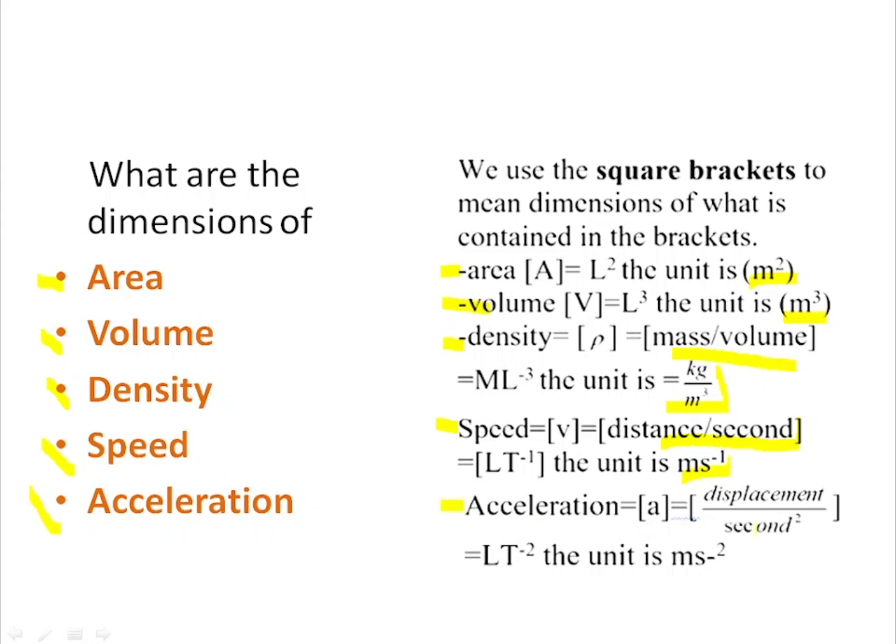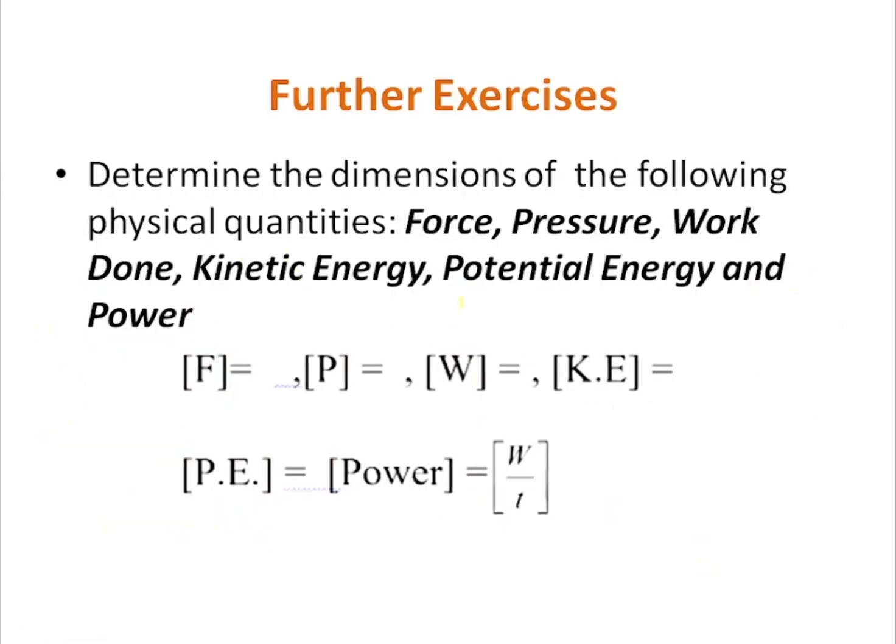Acceleration is square bracket A in the middle, and that gives me the displacement per second squared, which is L T to the minus 2, the unit of which is meter per second squared. Further exercises. Determine the dimensions of the following physical quantities: force, pressure, work done, kinetic energy, potential energy, and power.